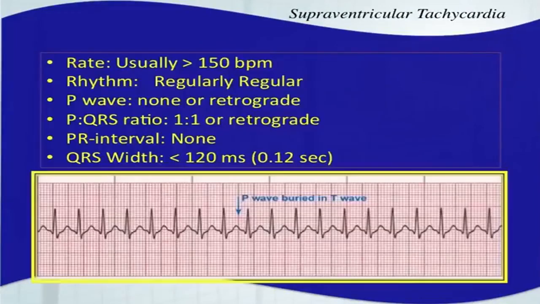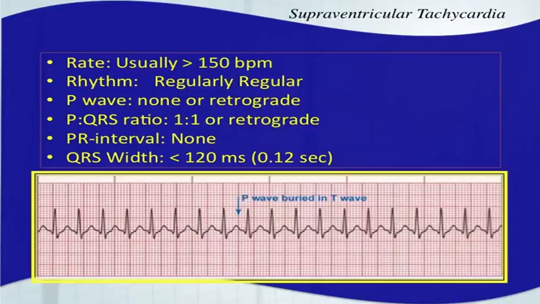Now, the reason it's called supraventricular tachycardia, it's kind of an ambiguous name because it can include a couple different things, is when we're talking about treating SVT, we're talking about the reentry forms. There's 2 specific: atrioventricular reentry tachycardia, and the one I just described, atrioventricular AV nodal reentry tachycardia, sorry.